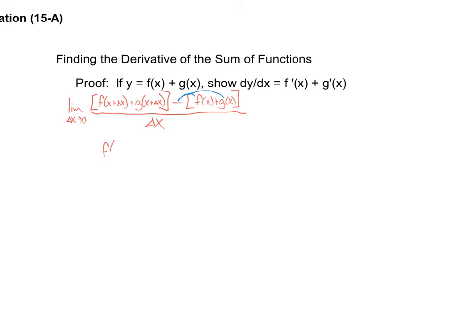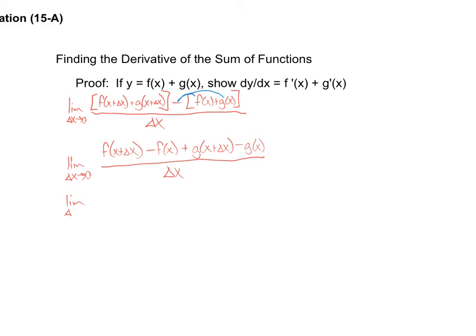So I have f of x plus delta x, minus f of x, plus g of x plus delta x minus g of x, and again this is all over delta x, and I'm taking the limit of this as delta x approaches 0. Now you can kind of see this taking shape. Now I'm going to split this into two separate fractions.